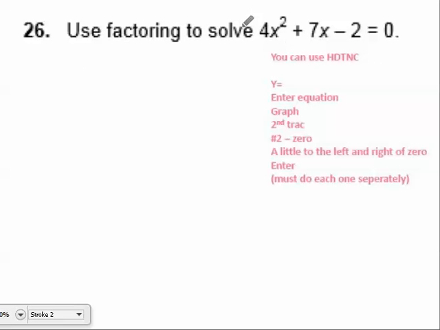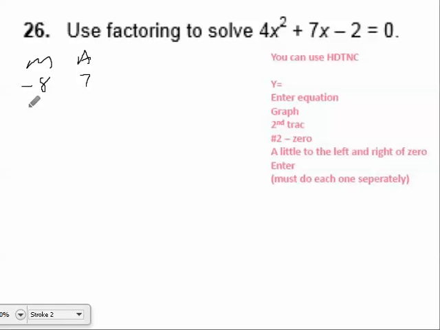Simply put, factoring this, okay, if we're going to factor this, let's do mama. So 4 times negative 2 gives me a negative 8, and they have to add to give me a 7.